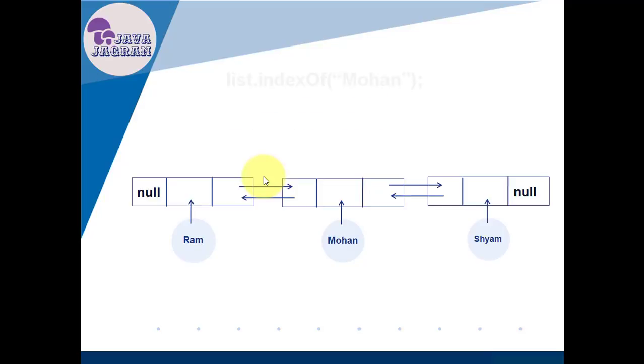Now next is indexOf, for searching. We can do the search operation also in the linked list. Suppose we have one object and we just want to know the index where it's available. For this also, it will start searching from the beginning, and for each and every node, it will call the equals method with the item object.